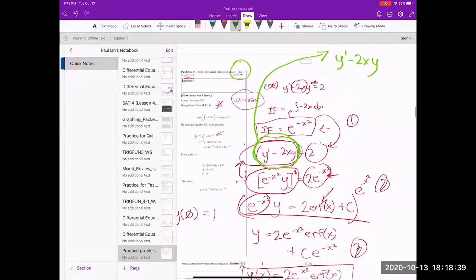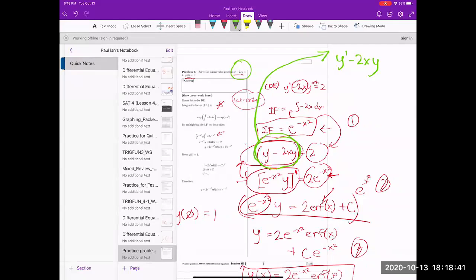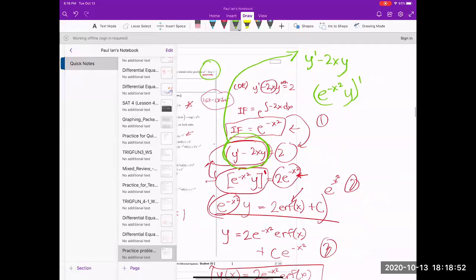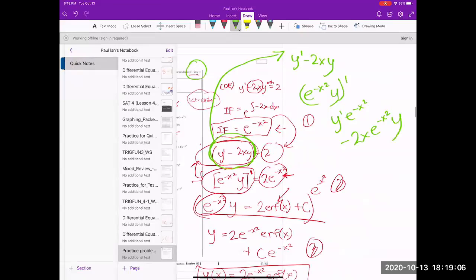And then if you did e to the minus x squared y, you did this guy, and y prime e to the minus x squared, and it would be minus 2x e to the minus x squared y.